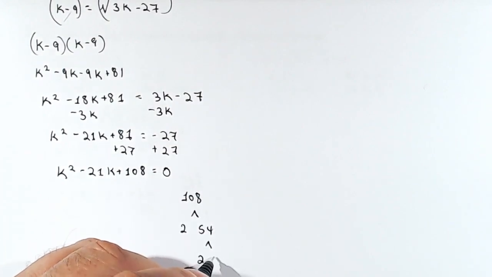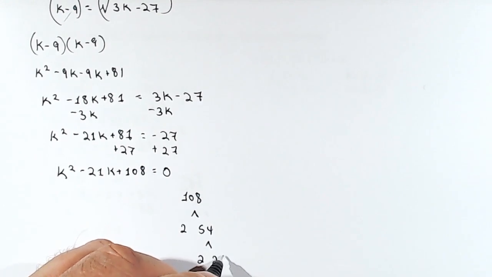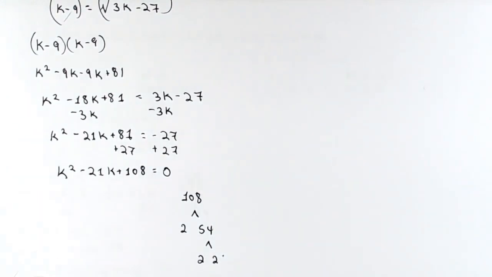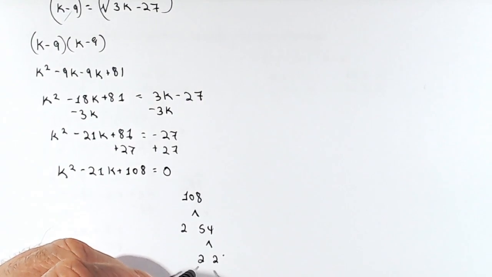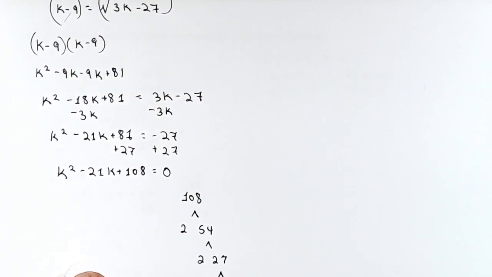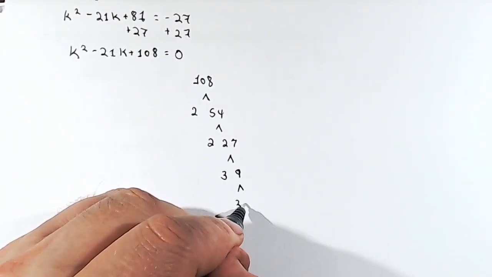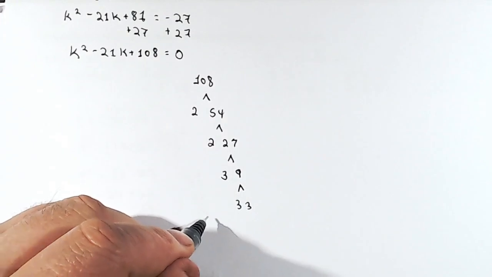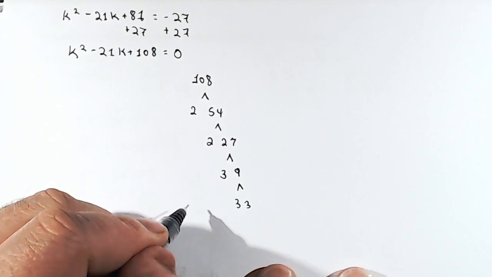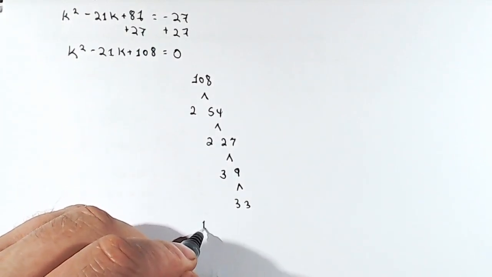All right. Wait a minute. So 2 goes into 5 2 times with 1 as a remainder, 27. Okay. 3 times 9 and then 3 times 3. So we've got 1 and 108.